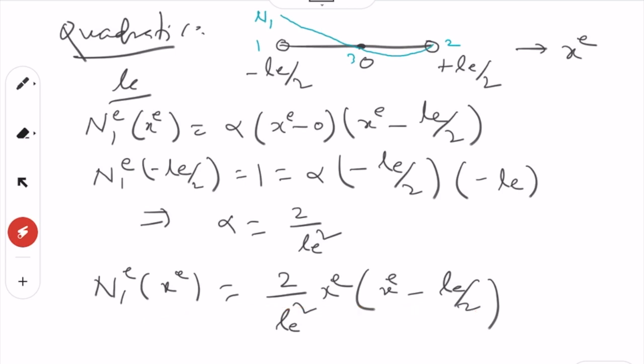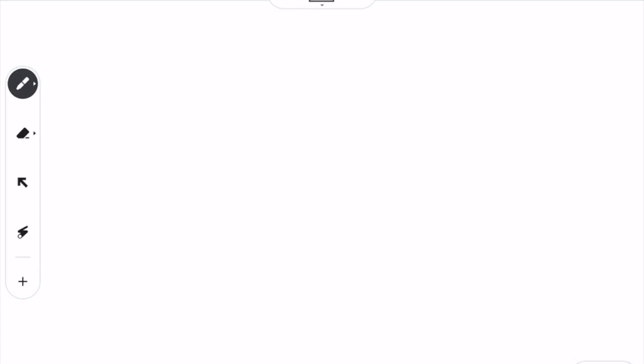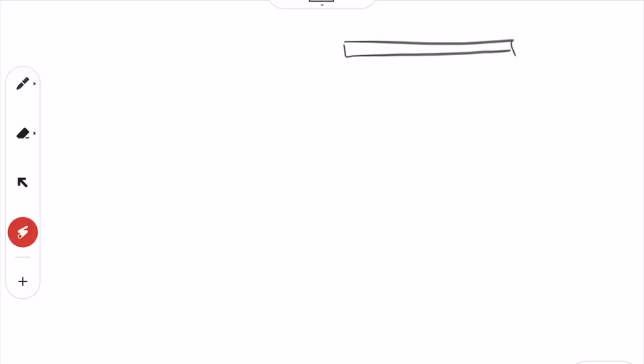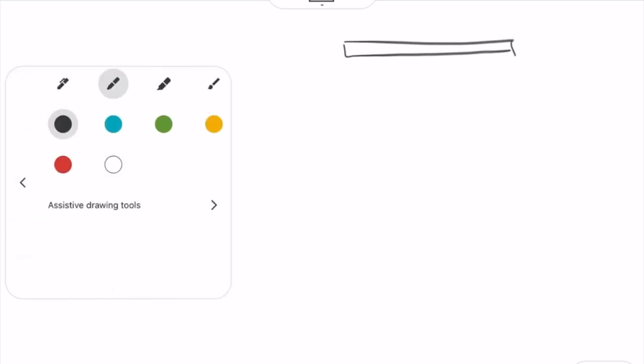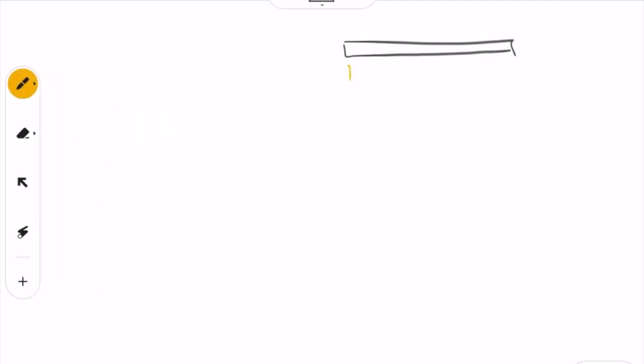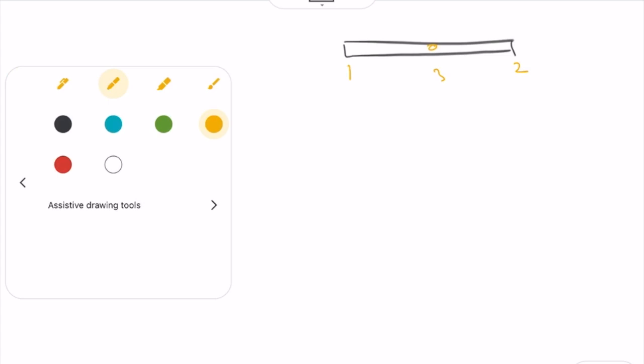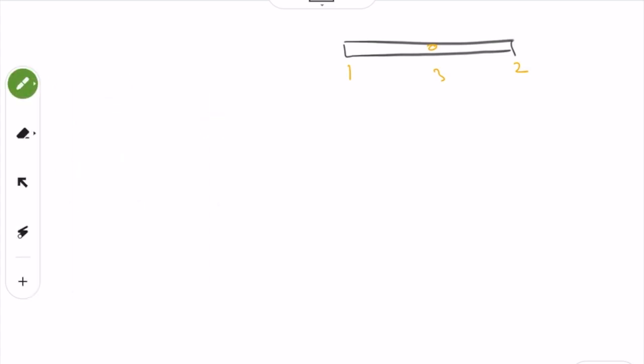Okay, similarly we can get the second one. We will play the same trick. So we have L2, and we have 1, 2, and here we have 3. So we are looking for the second one.